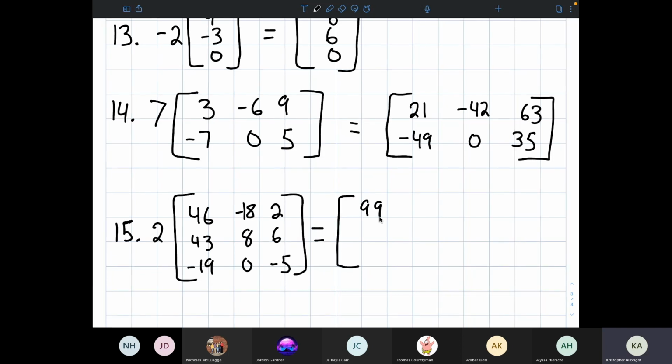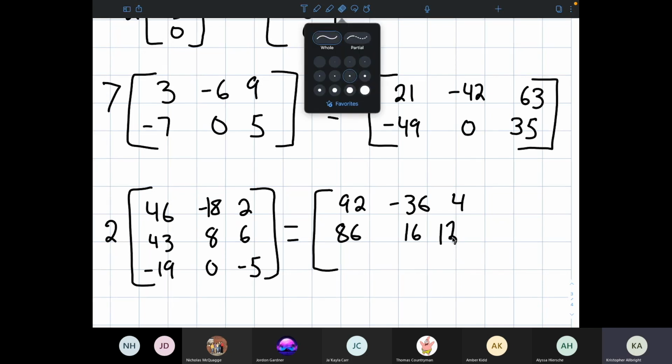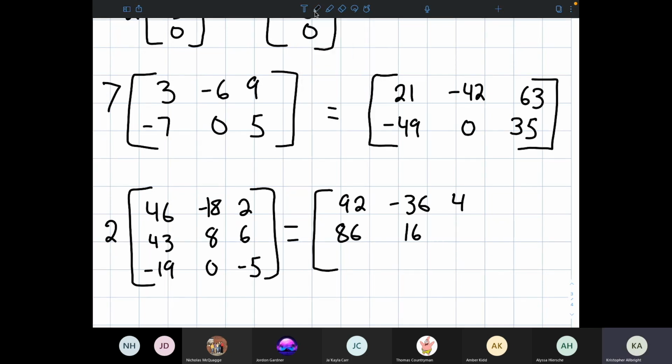It's 92. Thanks, Jada. 18 times 2 will give you 36. Negative 36. 4. Okay, that's 4. I know that. 86. 16. Forgive that abomination. This is negative as well. Don't forget to keep your signs.